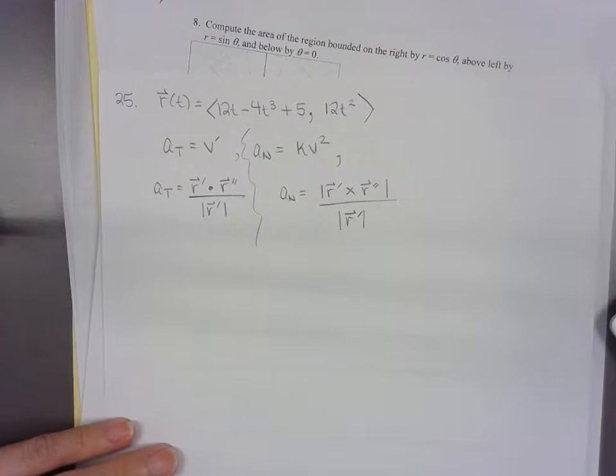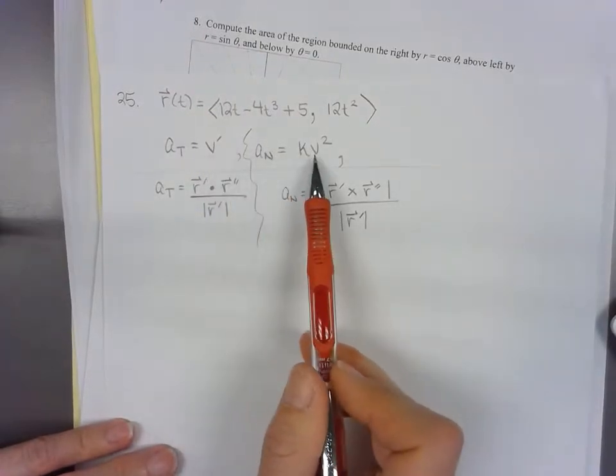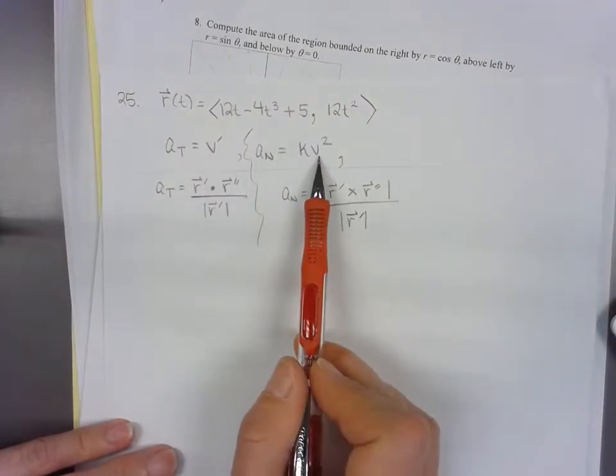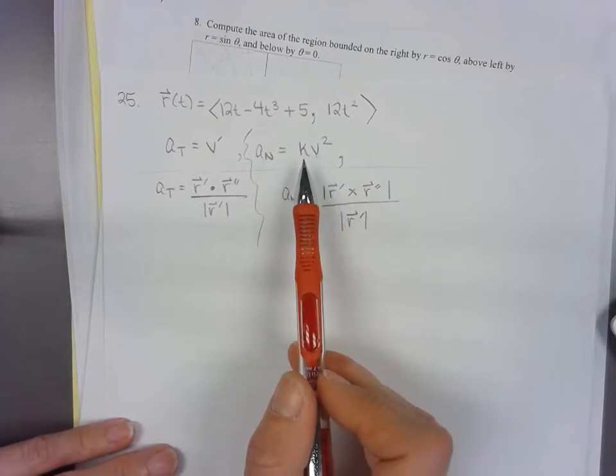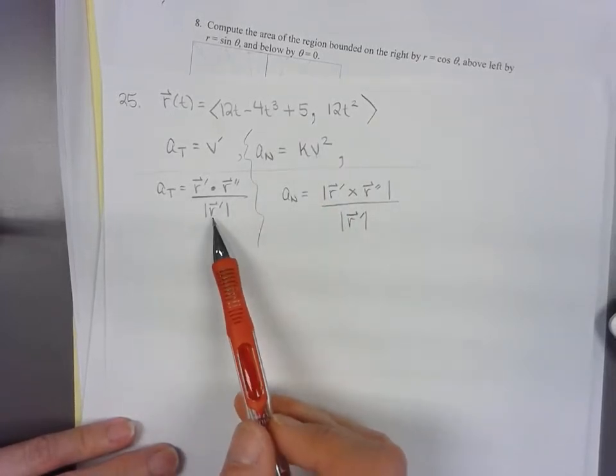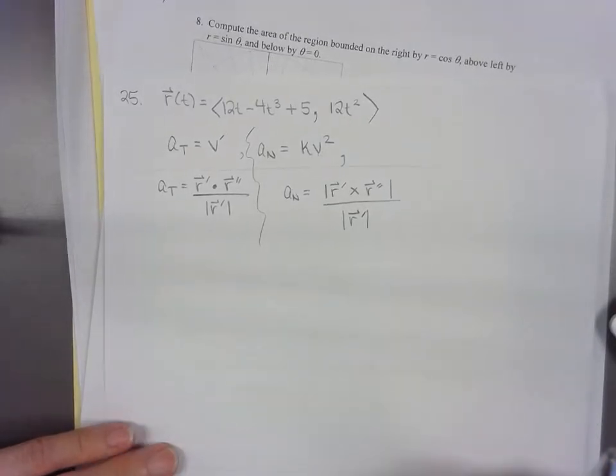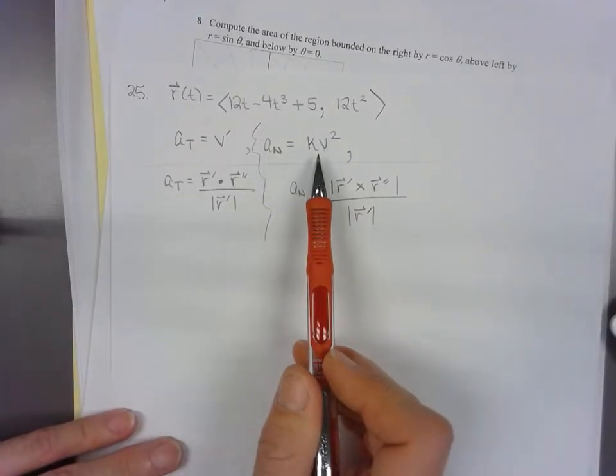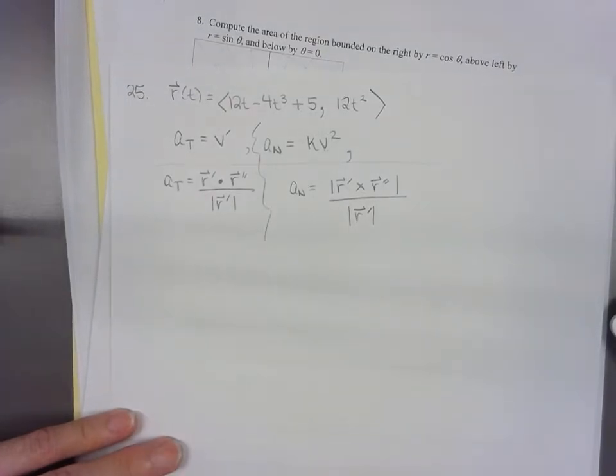regardless of which set of formulas we use, these involve a v, that's a scalar. These two both involve r prime and r double prime. But r prime really is what? What does r prime give us? A vector, doesn't it? Your tangent vector.